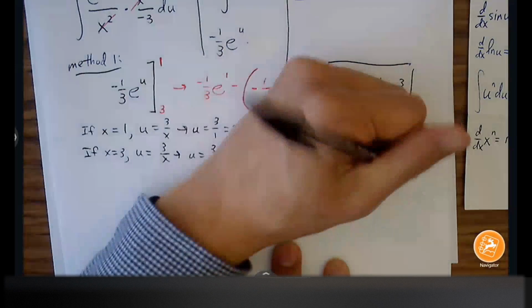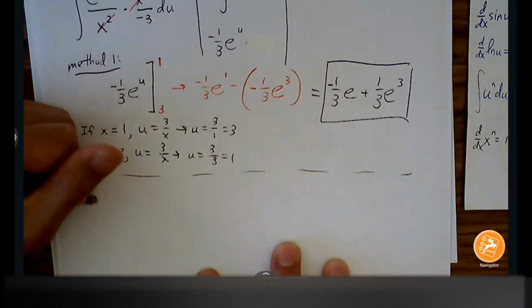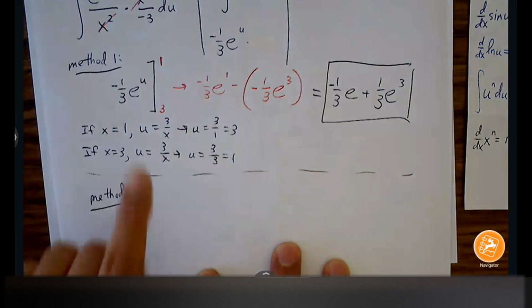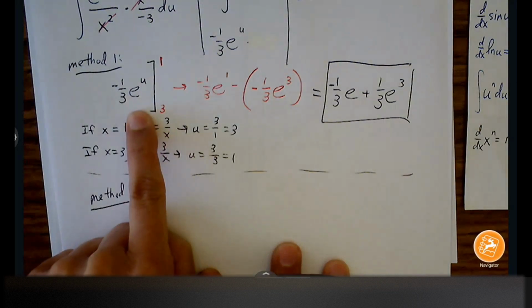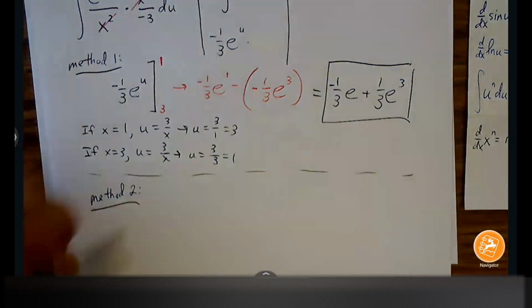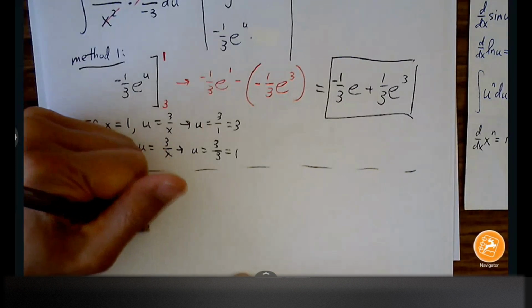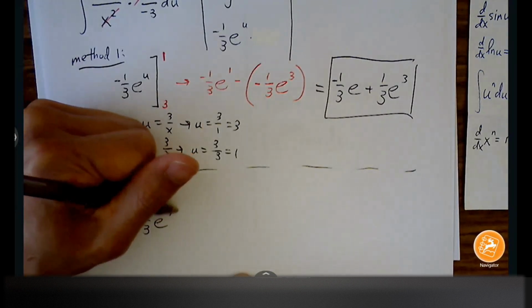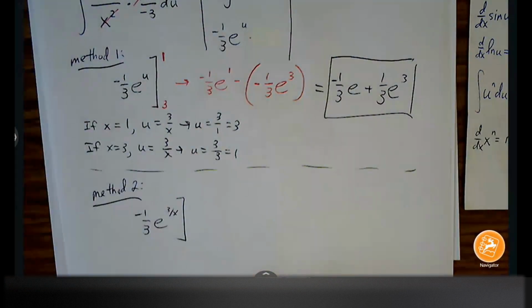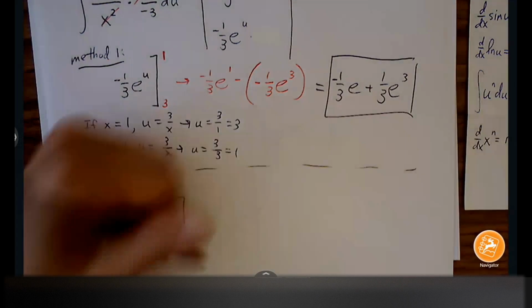Okay, that's method 1. Method 2 is where you go one step further. You bring that e to the u in terms of x. And then you work in your original bounds.